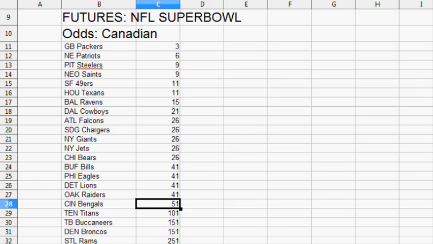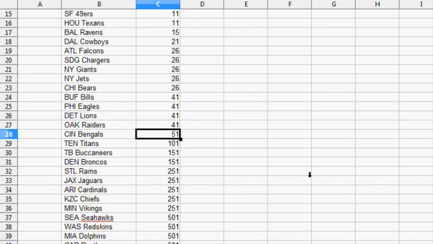Oakland 41, no. Cincy 51, almost tempting because they're looking pretty good, and that's an okay price. Tennessee at 101, not really. Tampa, not really. Denver at 151, yes, because the rest of their division isn't looking so good. Tebow's kind of hitting. As long as you make the division, you got a shot at 150-1 odds. That's pretty good.